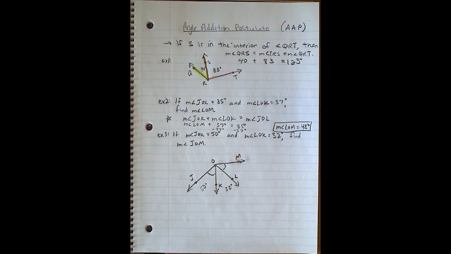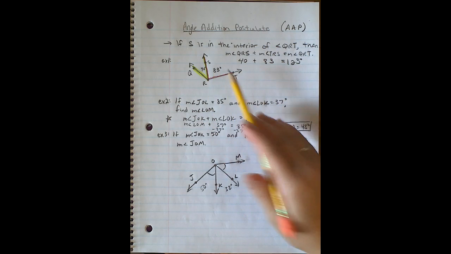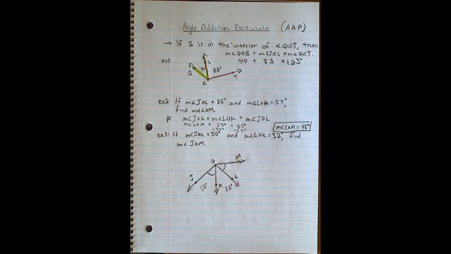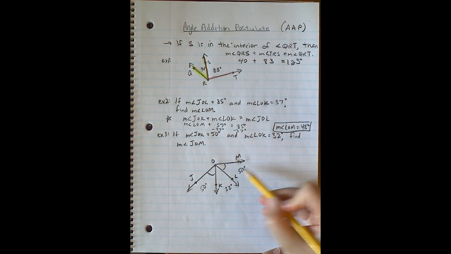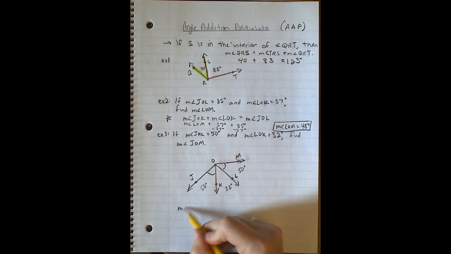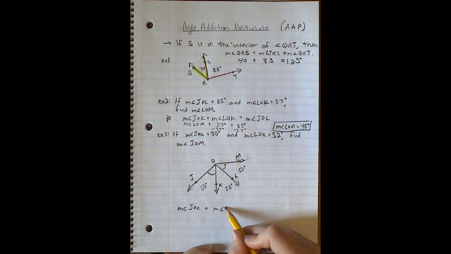Okay, so this one is kind of like example 1, where we're adding smaller pieces to get a total, but now I'm adding 3 angles. So first thing we want to keep in mind, if this is 50 degrees, this is also 50 degrees, right? So I'm going to simply add all 3 of these small angles.